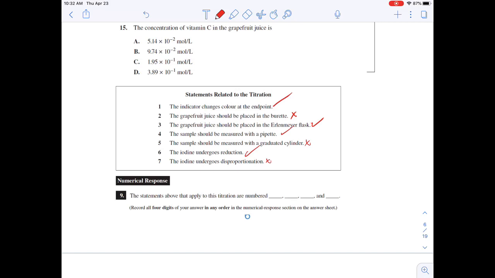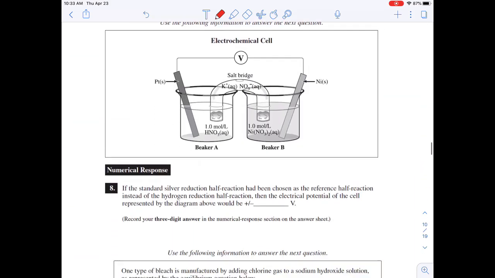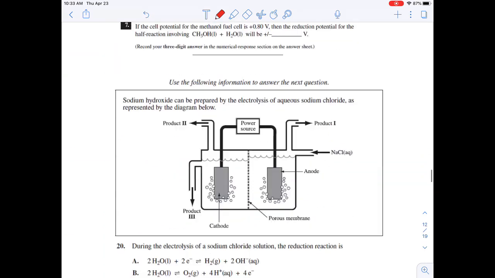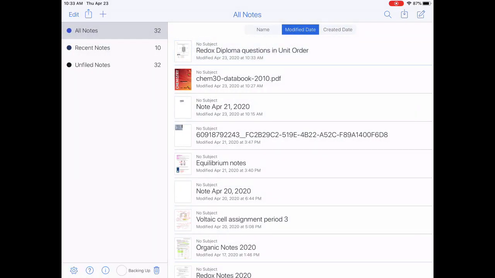There was a question on page 15, numeric response on page 15, and that's an important question. This one says the statements that apply to both voltaic cells and electrolytic cells. There's a table in your notes, or in a video, and it's also in the notes, but it's important to know the difference between electrolytic and voltaic cells.